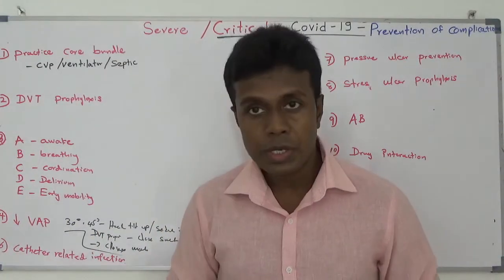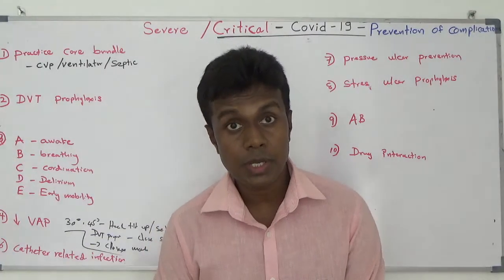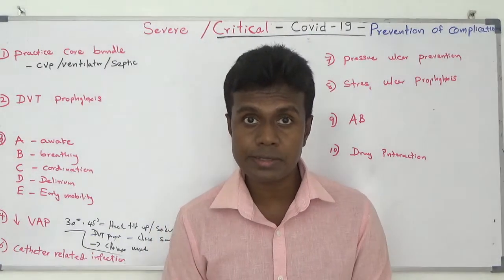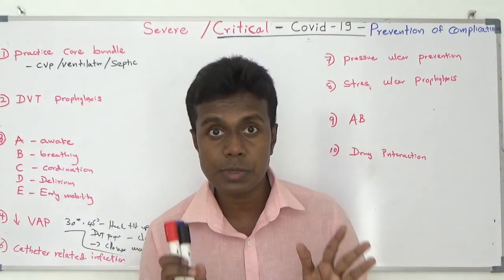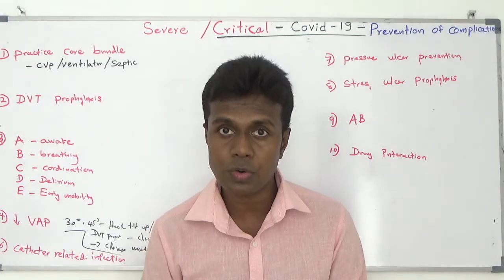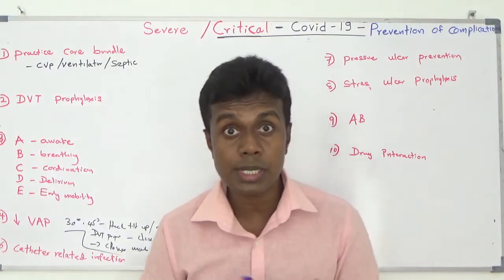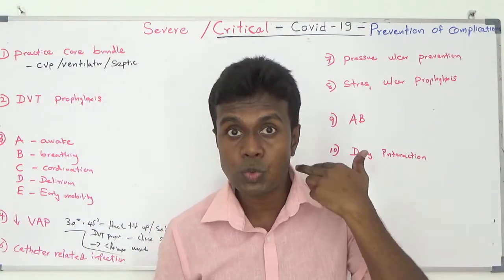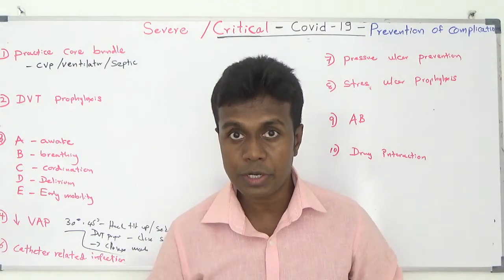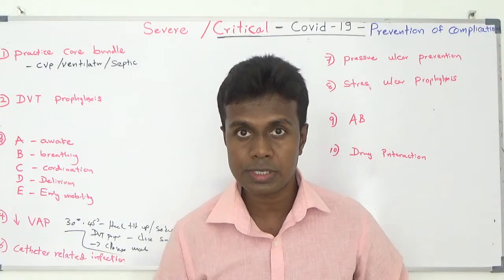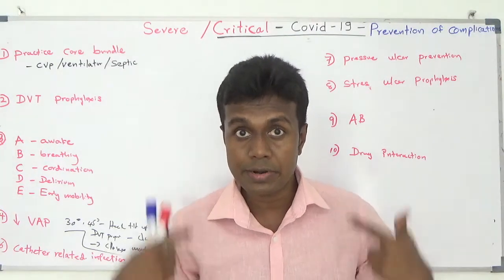Number 6, you have to prevent catheter-related bloodstream infection. You have to daily assess your catheter site and daily assess the necessity of the catheter, whether this patient needs a central venous catheter or not. Catheter prevention bundle components include site selection. We will try to use the jugular or subclavian site. Try to avoid the femoral site because it is an infective area.